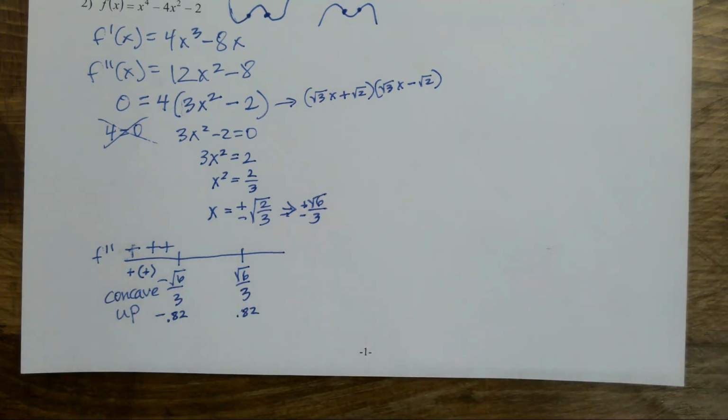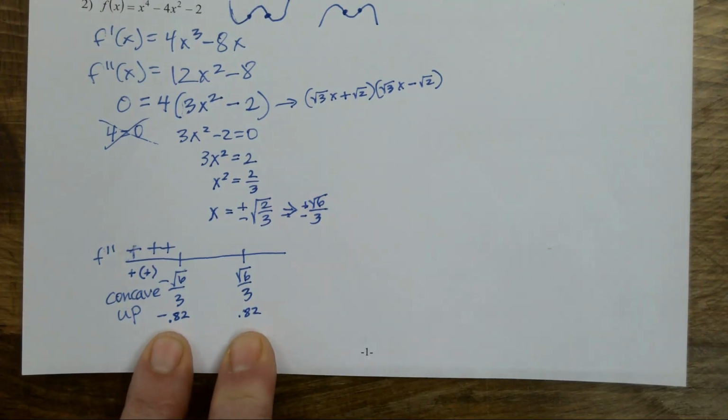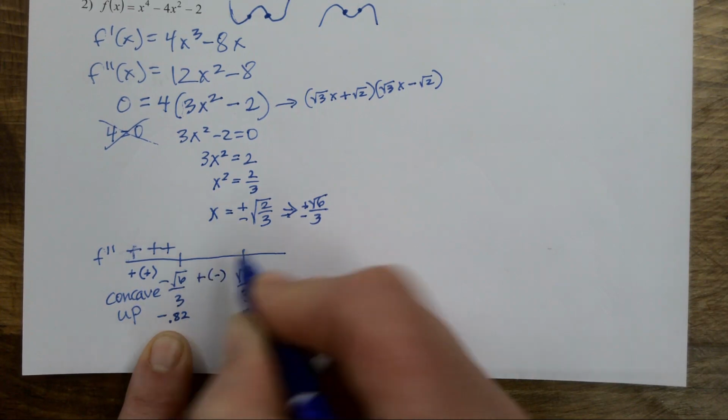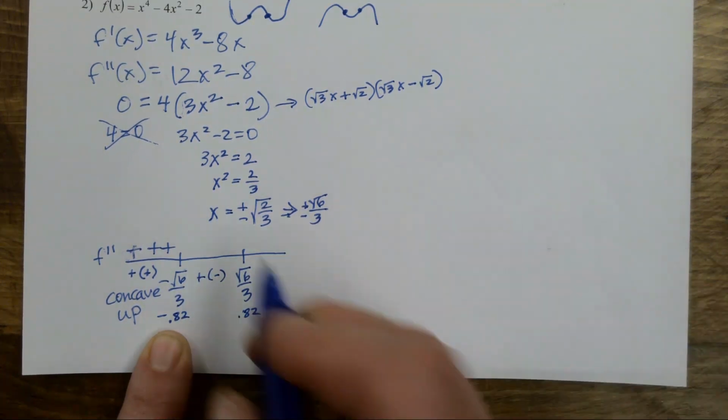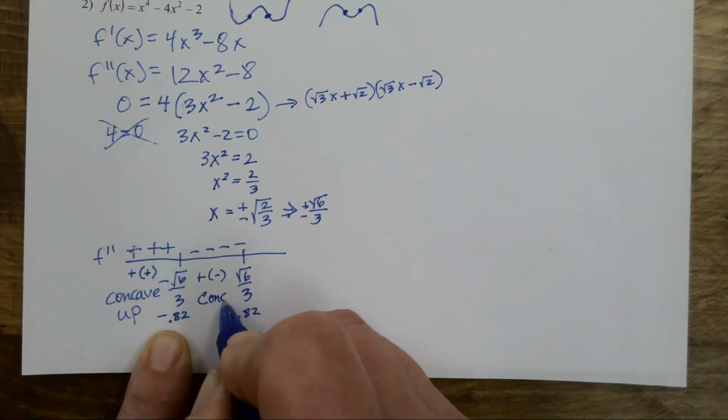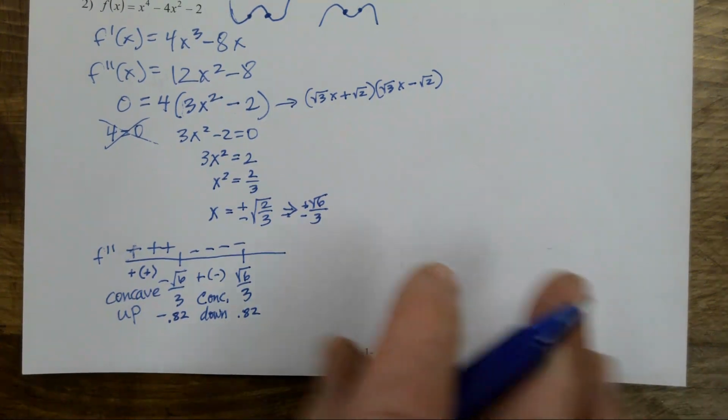Then I'll do a middle. Give me a betweensies. 0 is a super easy one. I get a positive 4, and I end up with negative 2. Negative region, concave down. Yes, I get lazier as I move on.